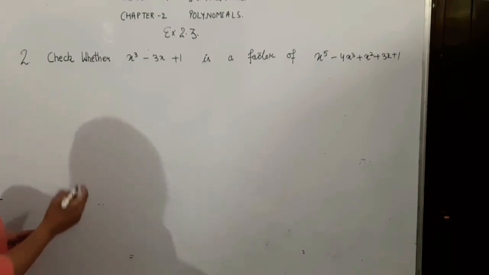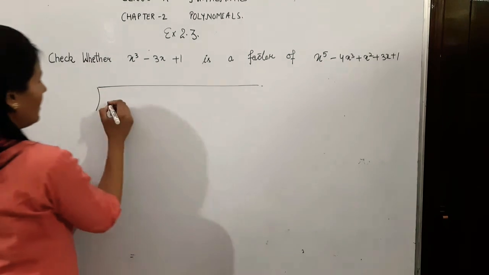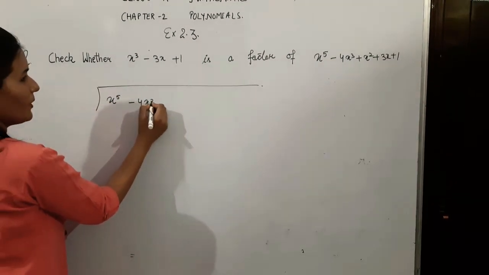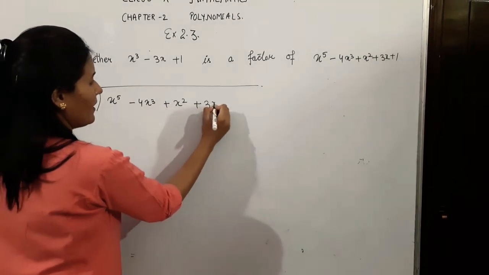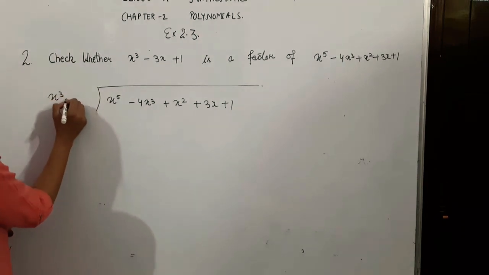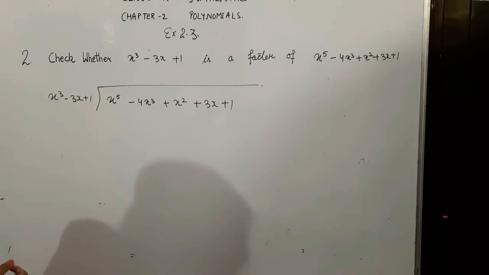Okay, so let's divide x5 minus 4x cube plus x square plus 3x plus 1 by x cube minus 3x plus 1. Right?